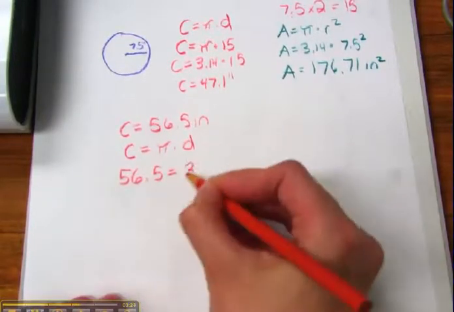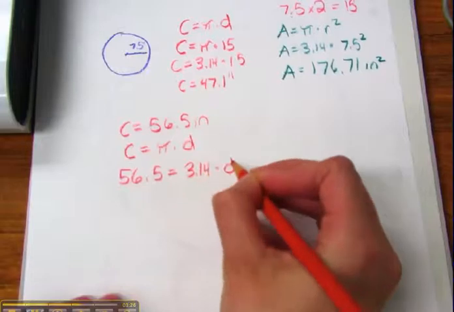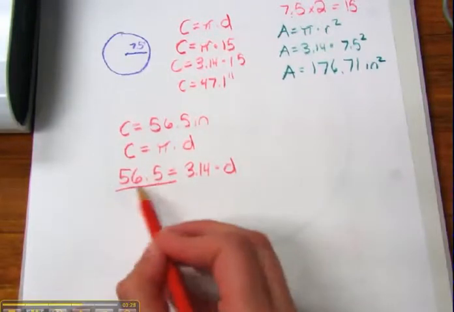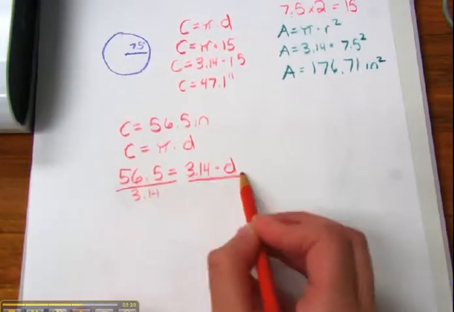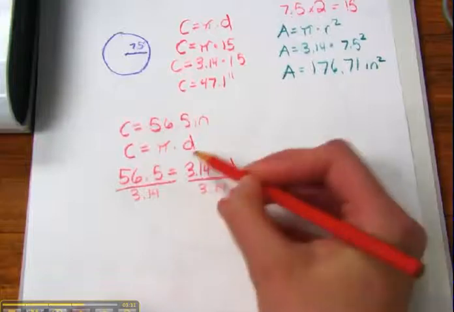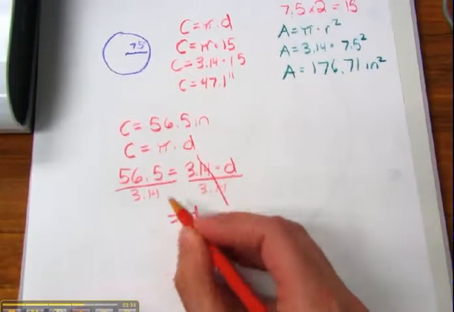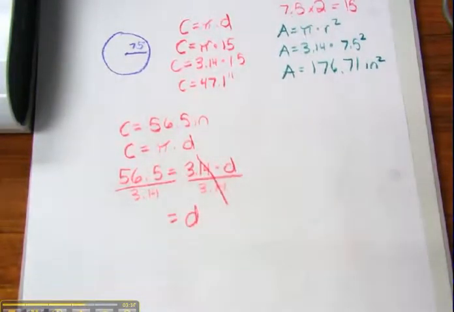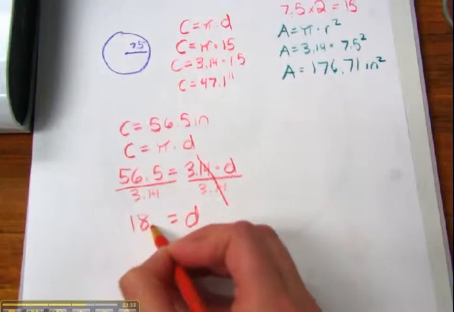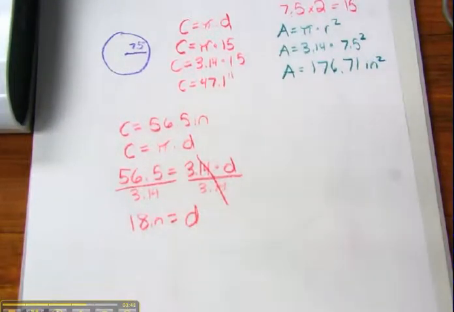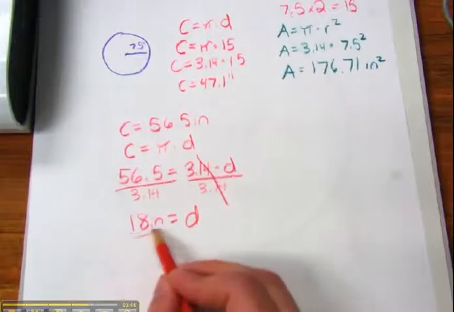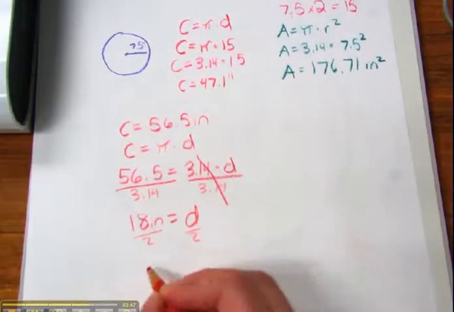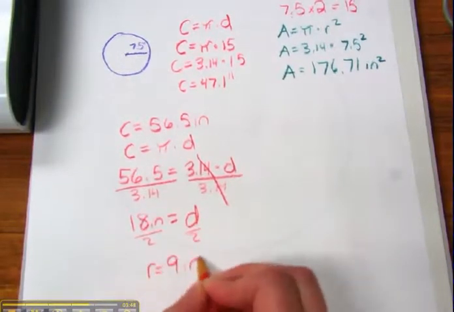I know pi is 3.14, and I want to find my diameter. If I divide both sides by pi, on this side I'm left with my diameter, and when I do the math over here, I find out that my diameter is 18 inches. Now if I wanted to find the radius as well, since I know that the diameter is twice the radius, I would just divide this by 2, and my radius would be 9 inches.